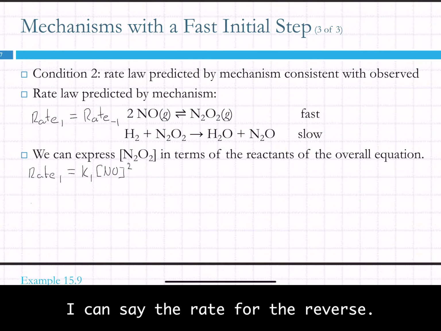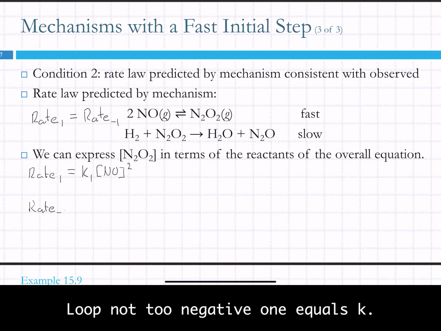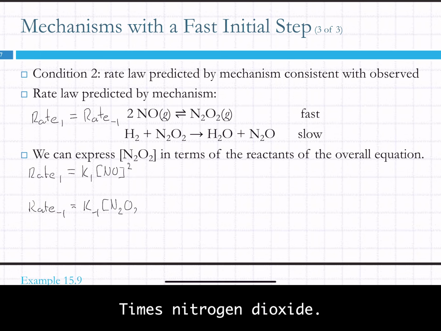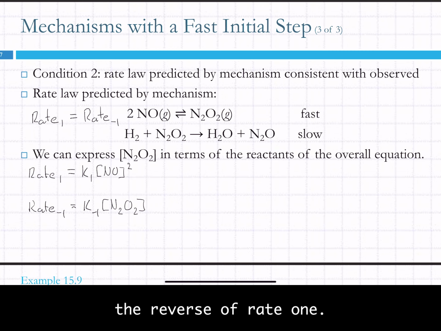I can say the rate for the reverse, N2O2, negative 1 equals k negative 1 times dinitrogen dioxide to the first. So now I can use the fact that rate 1 is equal to the reverse of rate 1 and set these equal to each other.